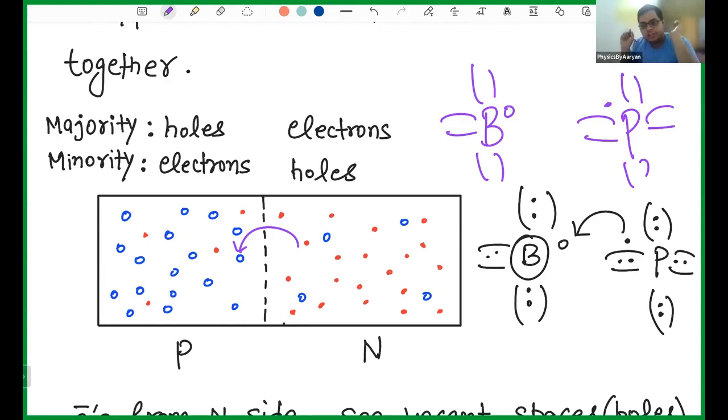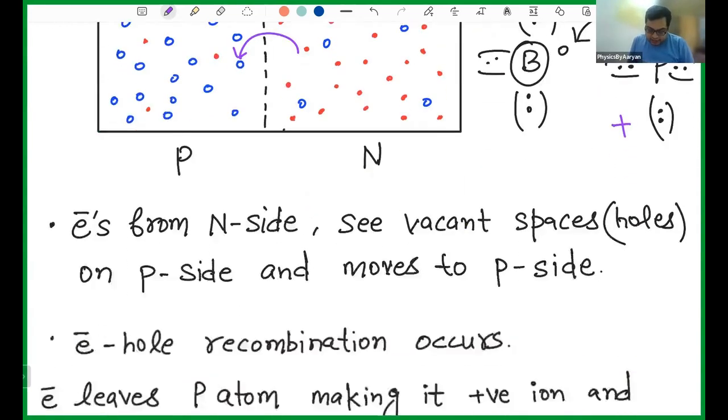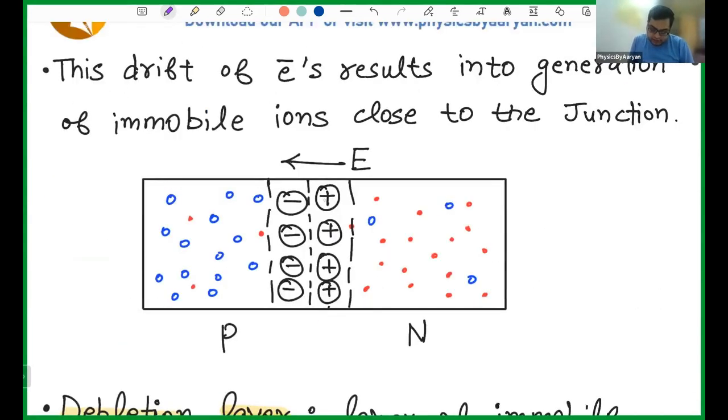Both atoms were initially neutral, but now this electron went from here to here. Phosphorus lost one of its electrons, so phosphorus became positively charged. Boron gained one extra electron, so boron became a negatively charged ion. As a result, on the N side positive charges accumulate, and on the P side negative ions get made.